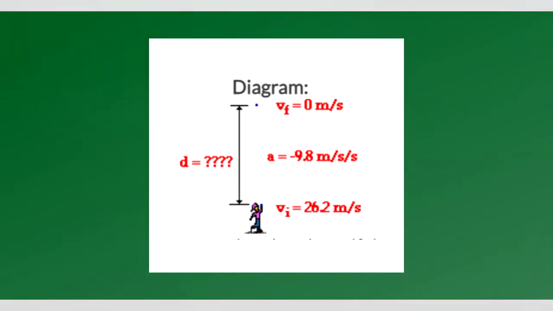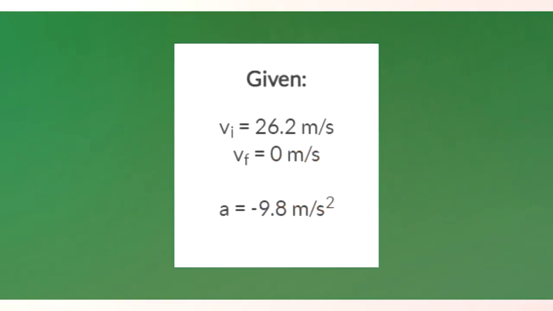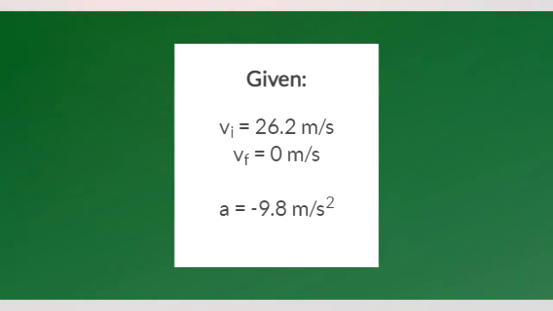The second step involves the identification and listing of known information in variable form. You might note that in the statement of the problem, there is only one piece of numerical information explicitly stated: 26.2 meters per second. The initial velocity of the vase is 26.2 meters per second.